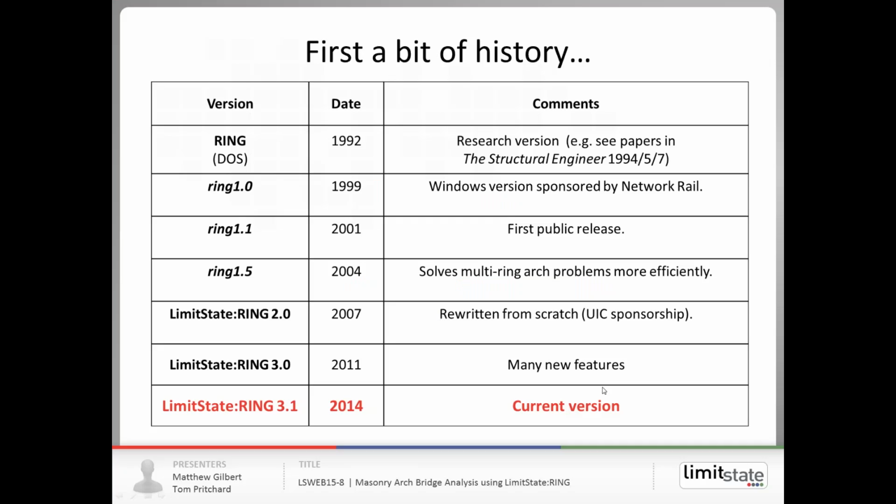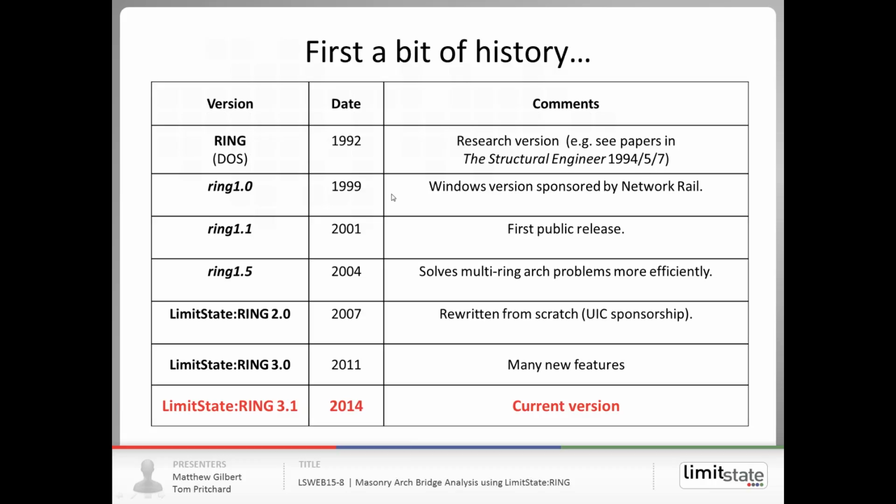So just to give you a quick rundown on some of the more recent developments of LimitState Ring. The software itself has a heritage back more than 20 years. The research version, as I mentioned earlier, was developed in parallel with a series of tests performed in the laboratory, and there were 3 papers describing that work published in the Structural Engineer.